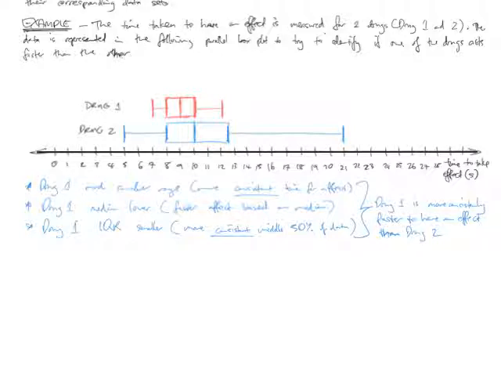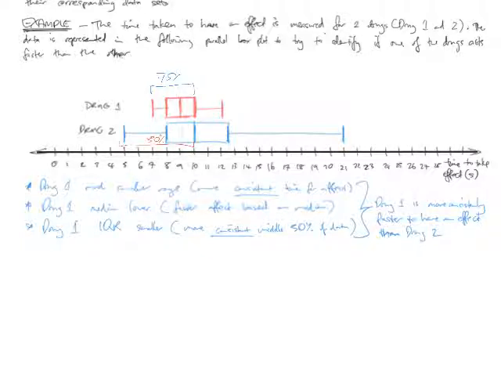But I just wanted to go over some other conclusions that you can make here. Because of where the box is and where that lower whisker is there, we can conclude that this represents 75% of the drug 1 data. This here, I'll use red here, this here is 50% of drug 2.